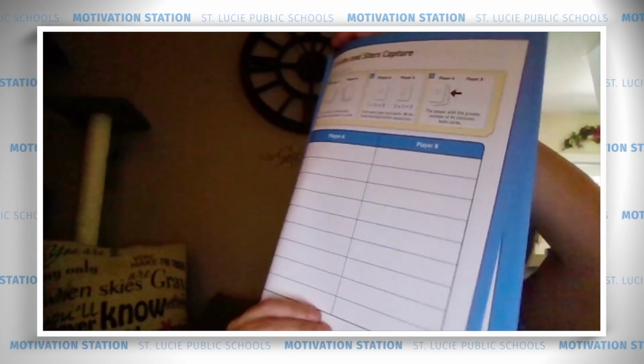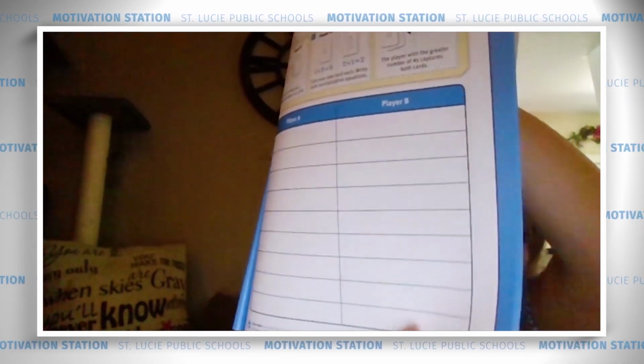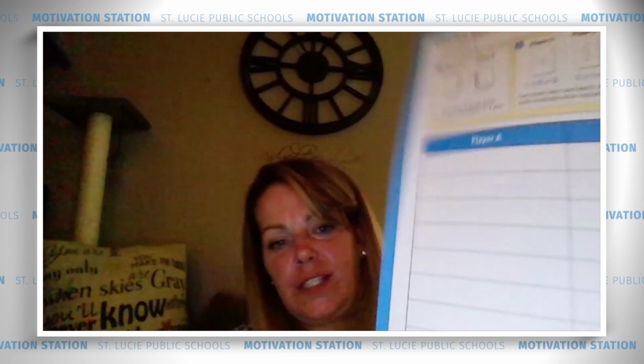So you're just gonna play Circle and Stars capture on your own. Oh, on page 11 and 12. I'm sorry. Page 11 looks like this, and 12 looks like this.